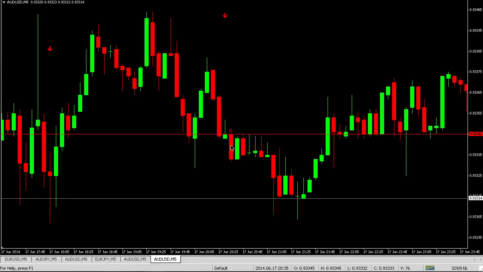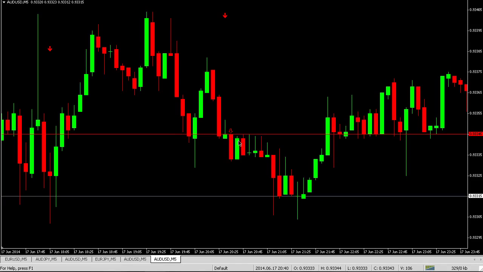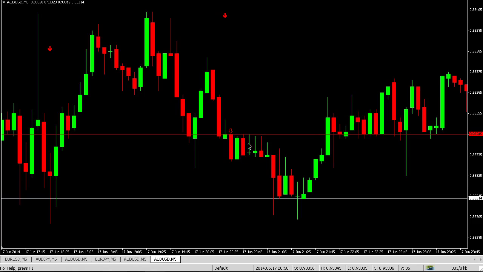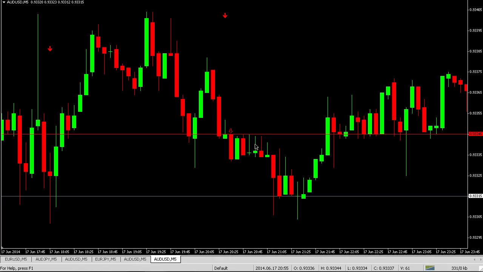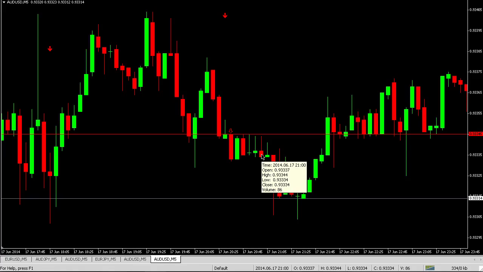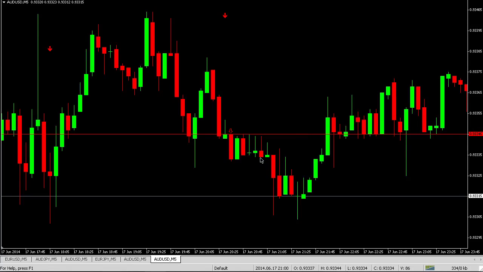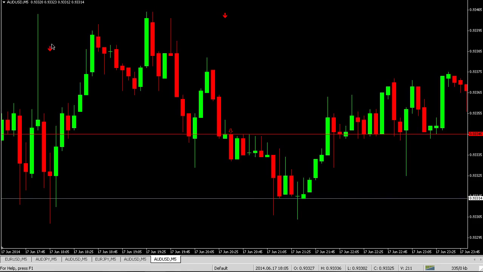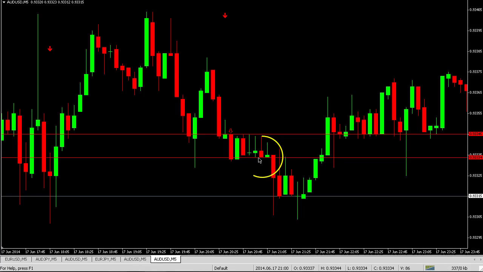So here's 5 minutes, 10 minutes, 15 minutes, 20 minutes, 25 minutes, and 30 minutes. On this candle here, you can see it's finished below the strike price. So we'll put in another indication here. Right here is where we've ended up at the bottom of this sixth candle, and that's well in the money.